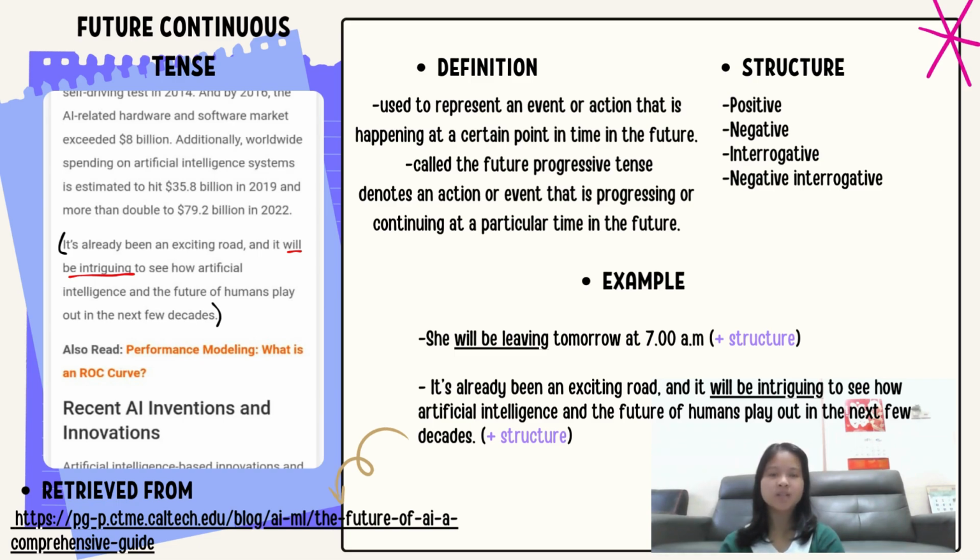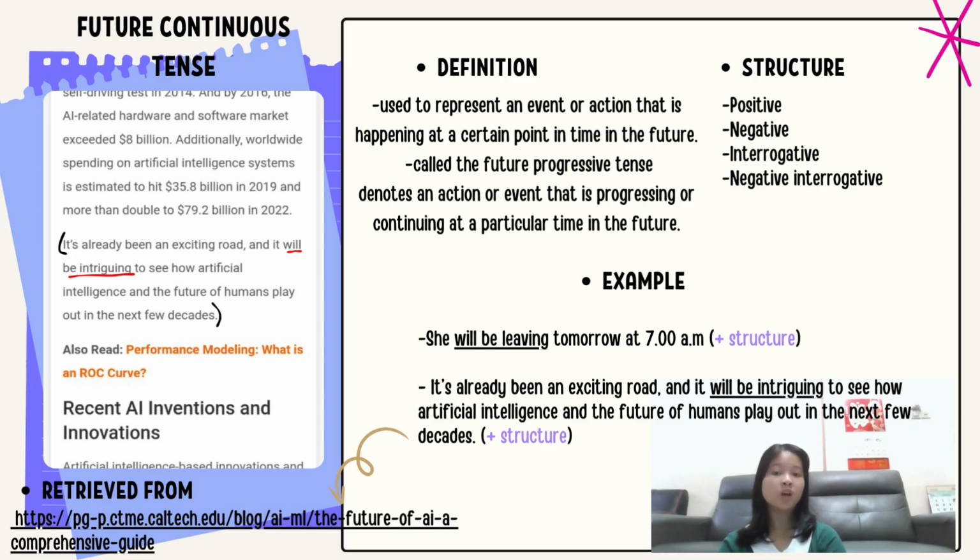Future continuous tense has also the same structure as the simple future tense, which is positive, negative, interrogative, and negative interrogative. And now we'll move on to the example of sentences for the future continuous tense. The first example is she will be leaving tomorrow at 7 a.m. This sentence is the positive structure of future continuous tense.